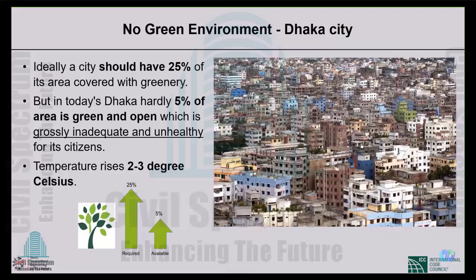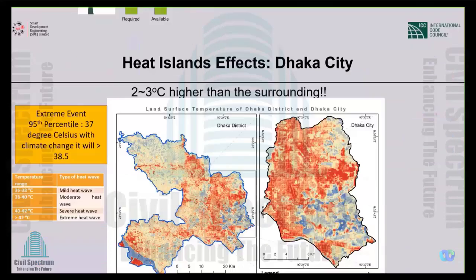So these changes in green space cause what we call heat island effects in Dhaka city. And here is the result.